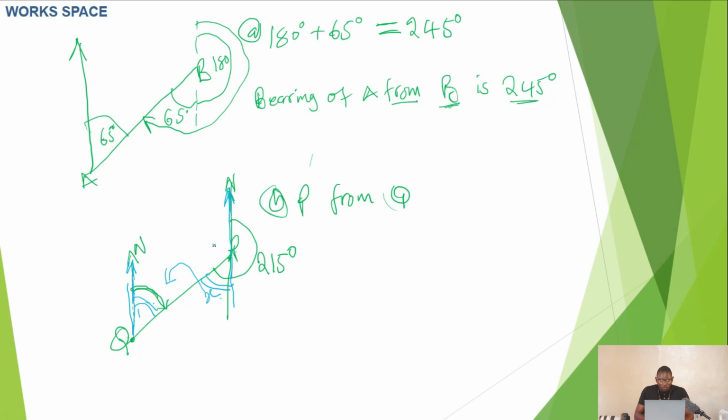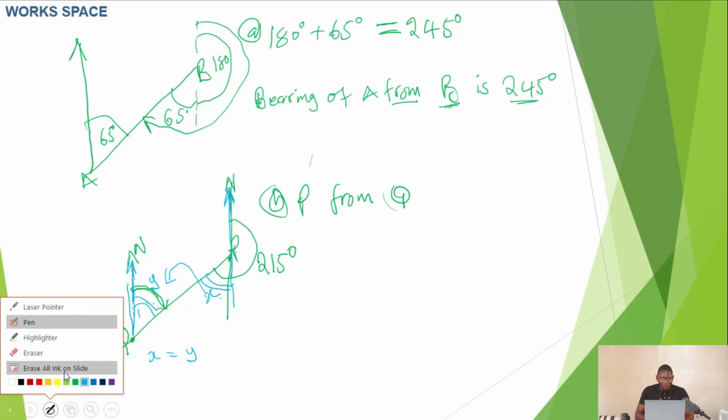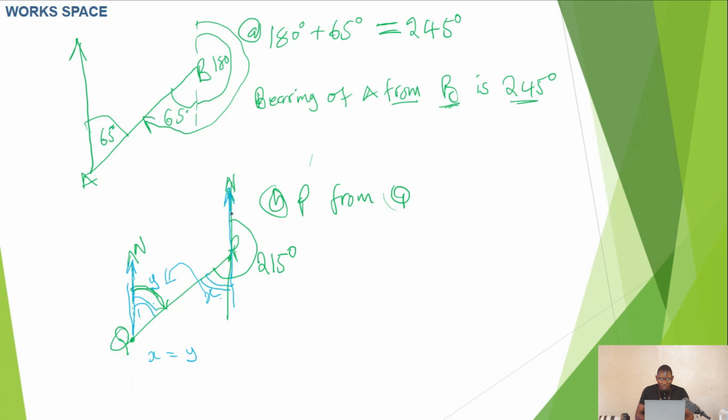So once you find the value of X, you can put Y here, and the value of X will be equal to Y. So we can just find the value of X. But we understand again that a straight line is always 180. So from here up to there is just 180.